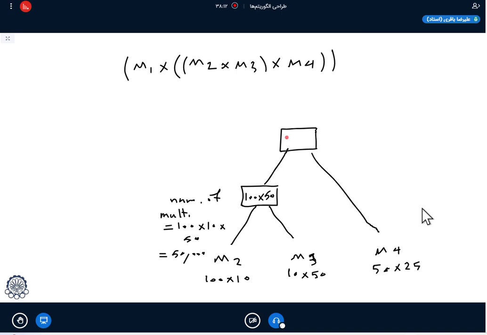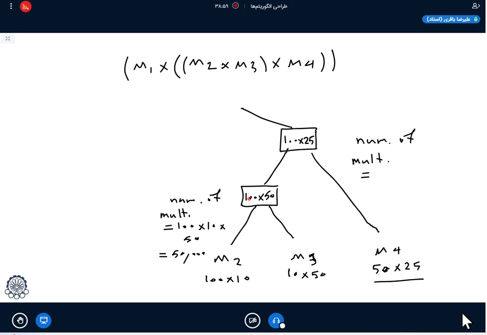If it is multiplied by the previous result, we have a matrix with 100 rows and 25 columns, and the number of multiplication will be, we have here 50 rows and 25 columns, which is multiplied by a matrix that has 100 rows and 50 columns.